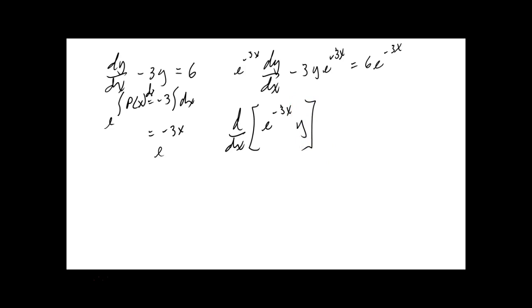It'd be this times dy/dx, plus y times the derivative of this, which is minus 3 e to the minus 3x. So yeah, it's a perfect derivative. And that's equal to 6 e to the minus 3x.